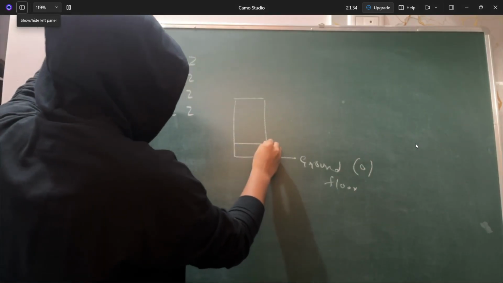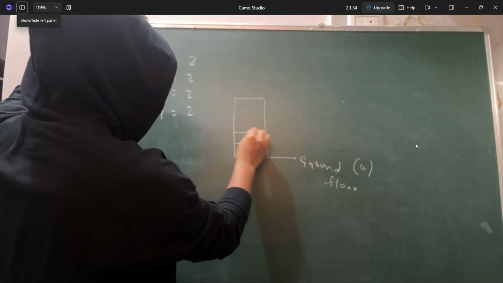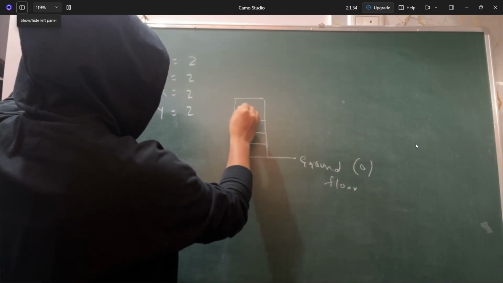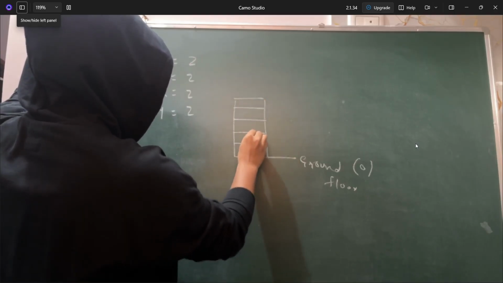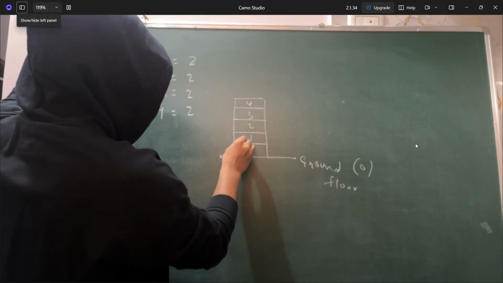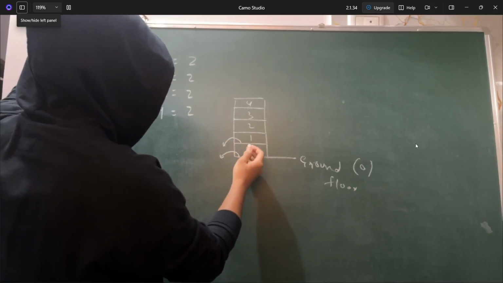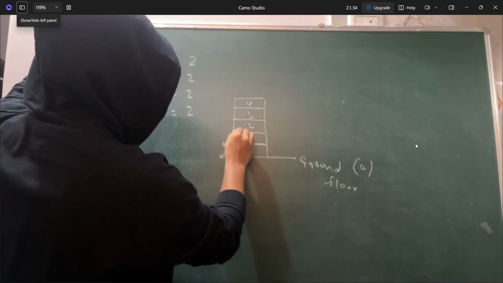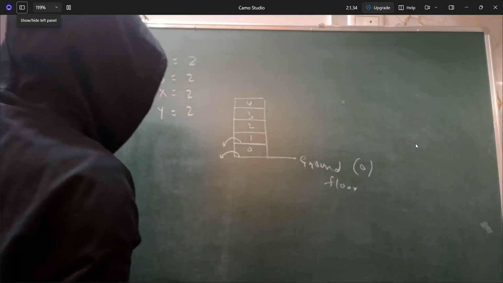So let us consider this as level 0, this is level 1, this is level 2 and this is level 3. You can think of these as floors and these are ceilings.